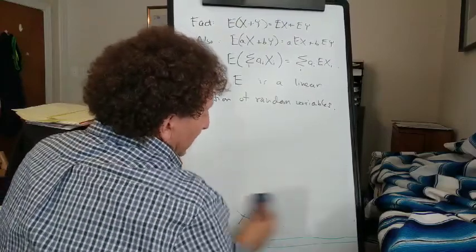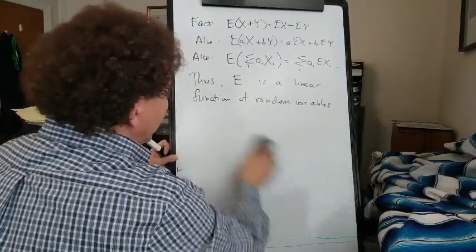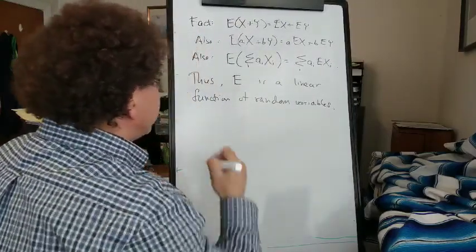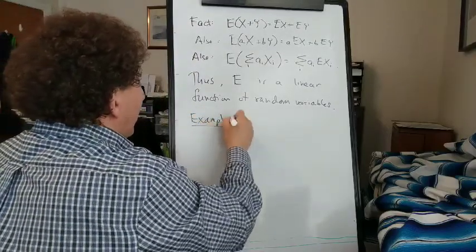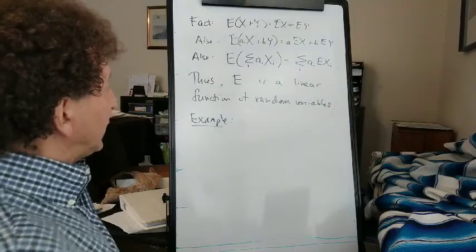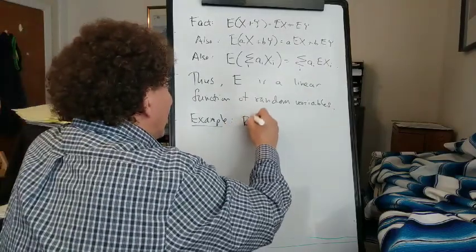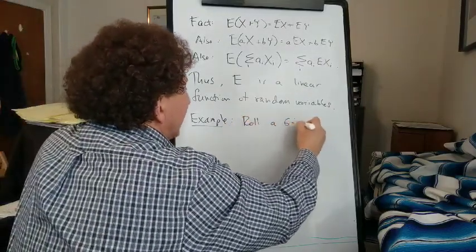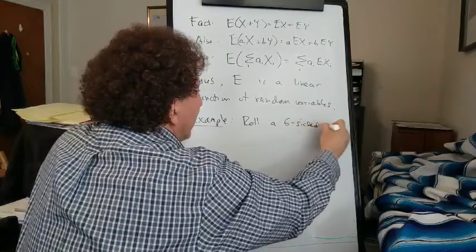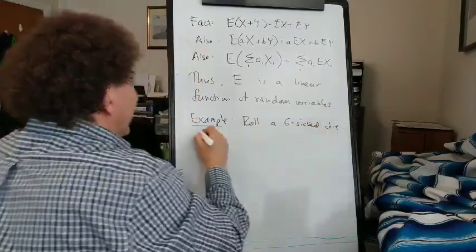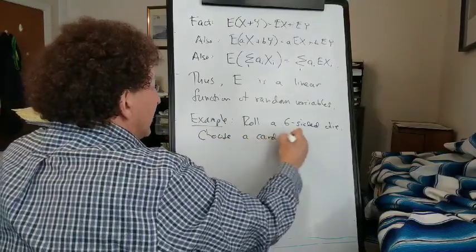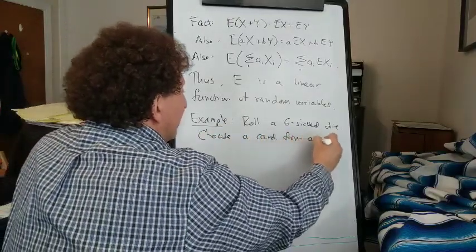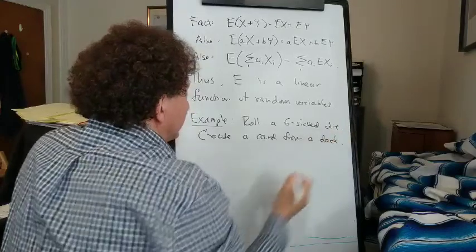So let's do one example that uses that fact. So let's do two experiments. Let's roll a six-sided die and choose a card from a standard deck of cards.